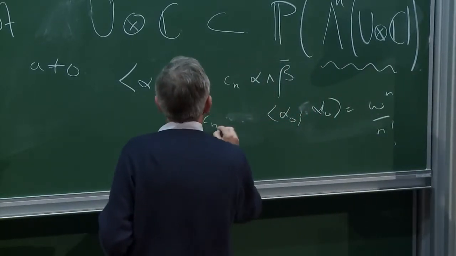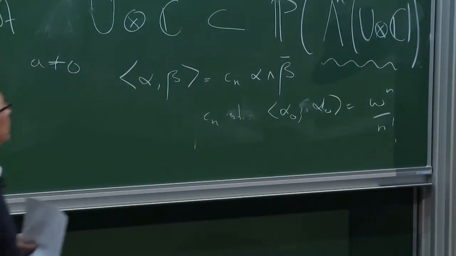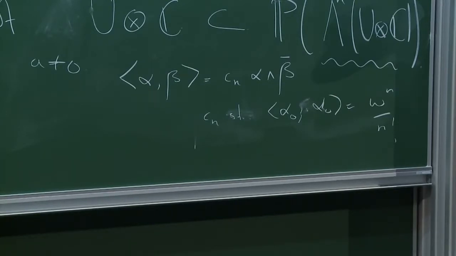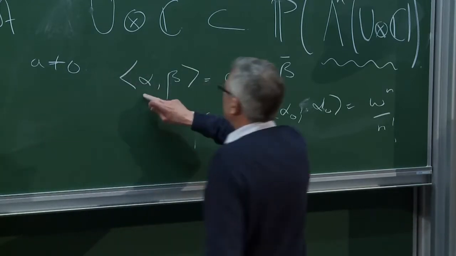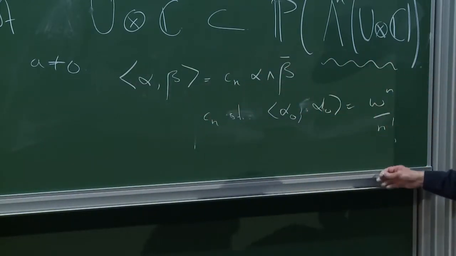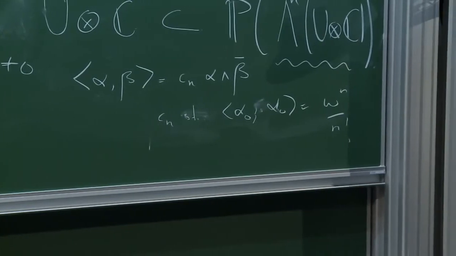So we write the normalization with respect to dimension. So this then becomes a Hermitian form on this exterior power.